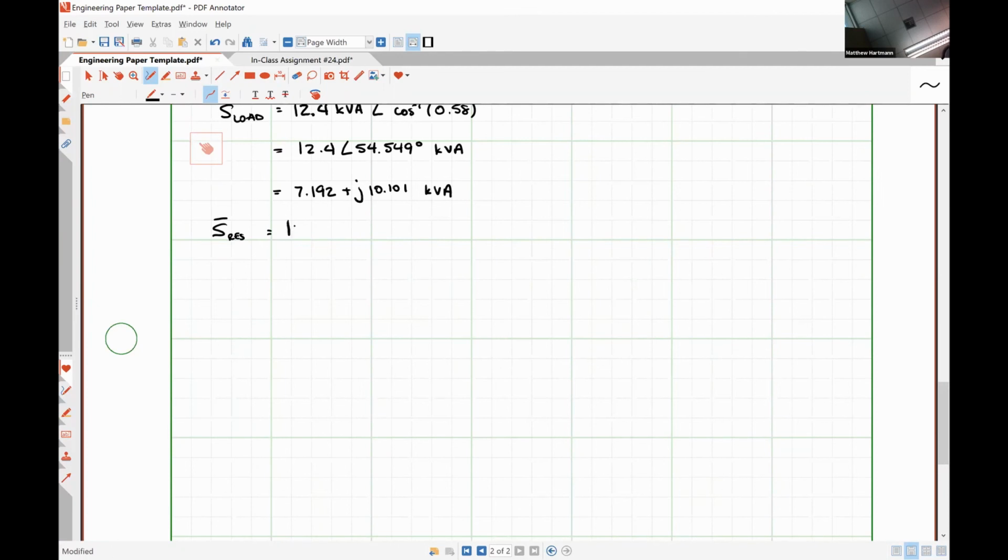So that is 25 amps RMS squared times 4.5 ohms, which is 2.812 angle 0 degrees kilovolt amperes, or 2.812 plus j0 kVA in rectangular form.